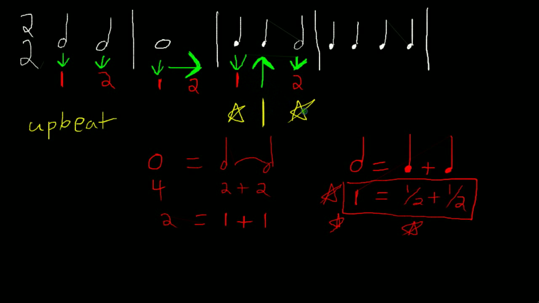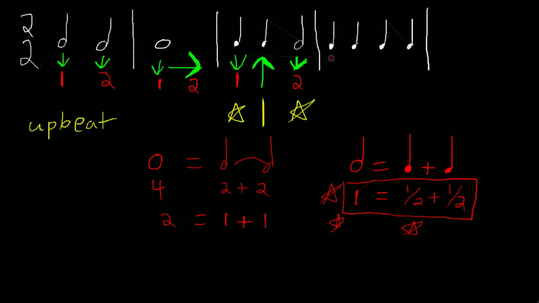Now let's move on to the next measure, which looks a little similar. In measure 3 we had 1 upbeat. In measure 4, our last measure, we're going to have 2, because we've got 4 quarter notes in here.